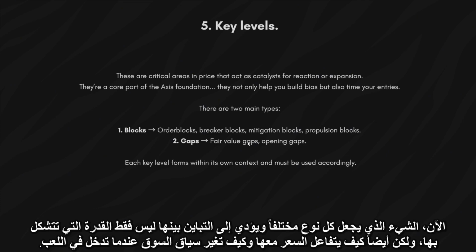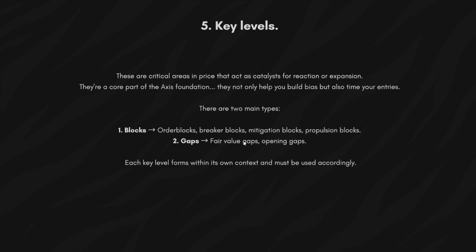Now, the thing that makes each type different and leads to the discrepancy between them is not only the capacity that they're found within, but also how price interacts with them and how they shift the market context when they come into play.